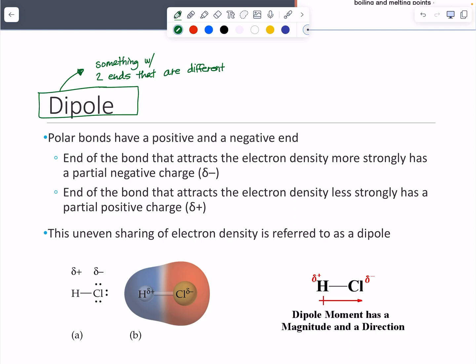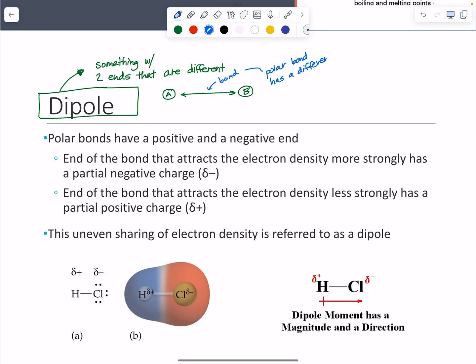So if we're talking about a chemical bond, these are our atoms, and if this is our bond, if the bond is polar, then we're going to have that difference of charge on either end. So a polar bond has a different sign of the charge at either end of the bond.